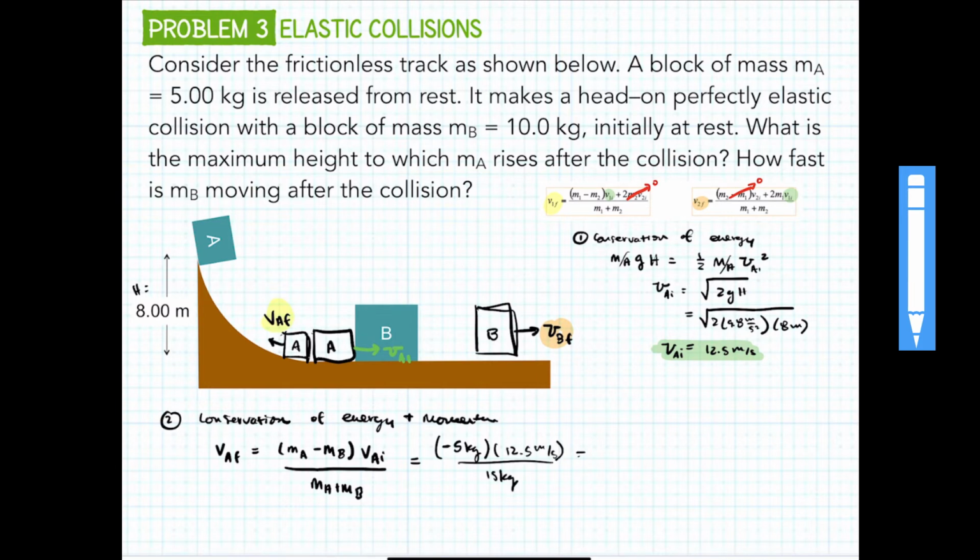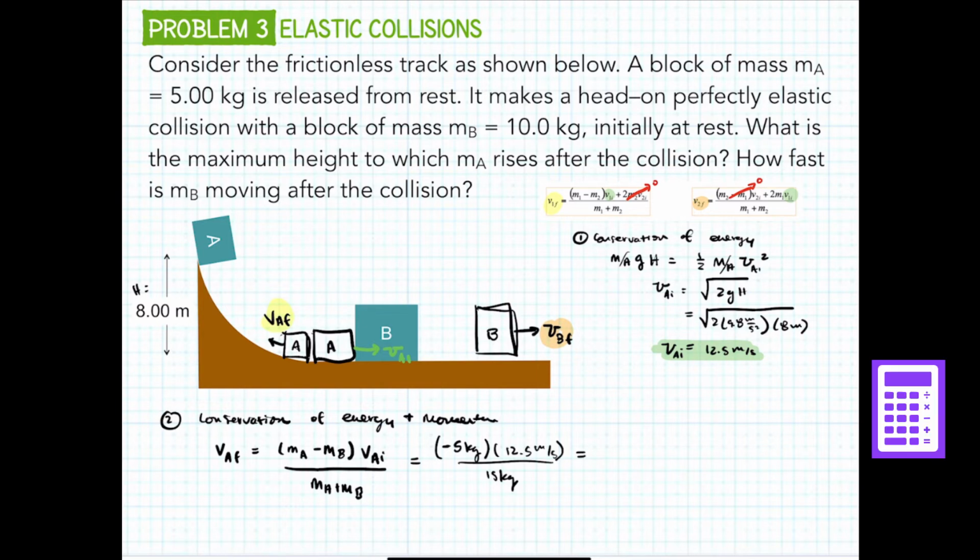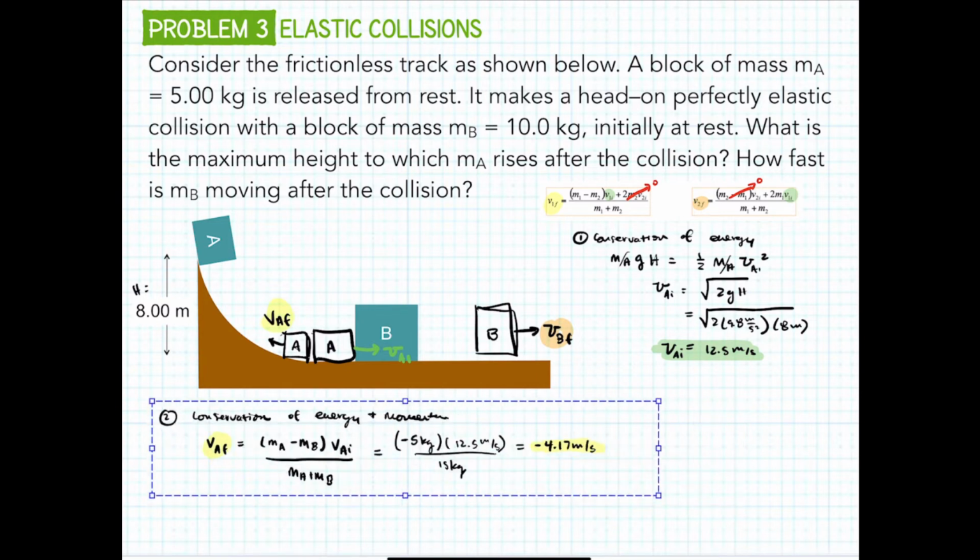So you'll notice this gives us a negative from the masses, which is good because we can see just from the way the collision works that it should turn around. So that means we'll end up with negative 4.17 meters per second. Okay, so that's going to be our VA final. Let me just make this a little smaller so we have space.